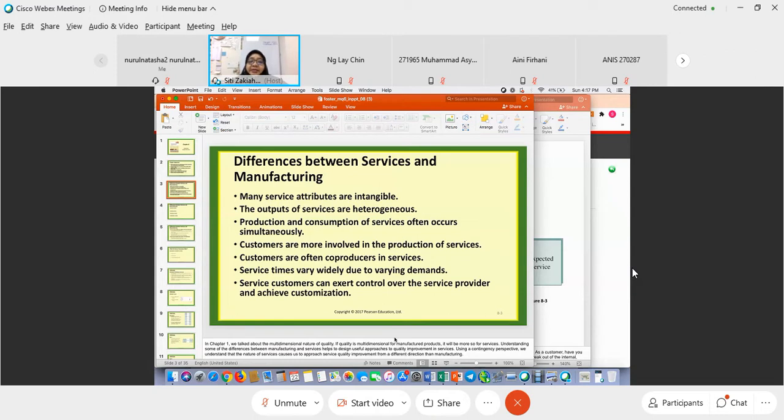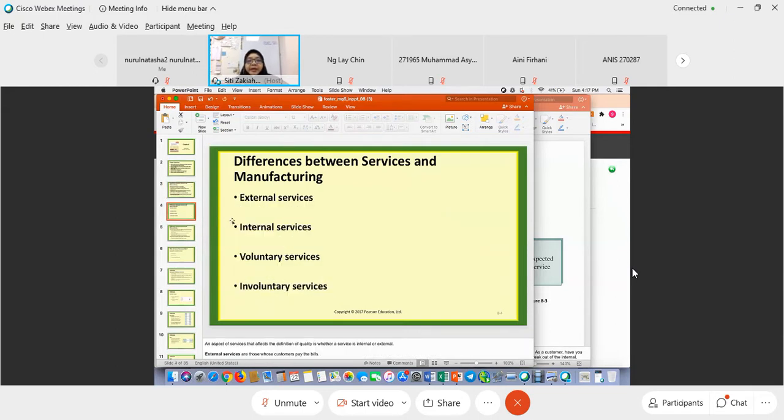Service customers can exert control over the service provider to achieve customization, right? That means you customize. You will choose what you want to eat, or what hair color that you want. Okay, difference between service and manufacturing.